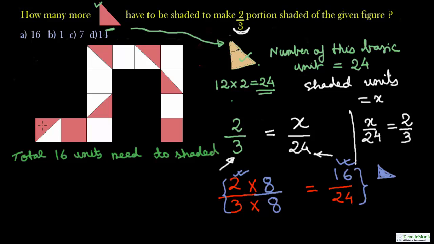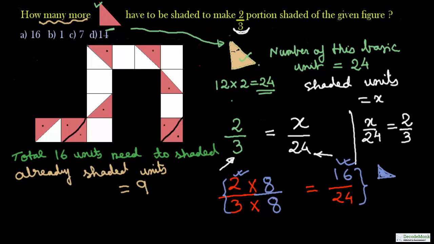So let us count those portions. We have done this in the last question also. Here you have got 2 units, 2, 3, 4, 5, 6, 7, 8 and 9. If you draw a line, you can see that this is made of 2 units, and this is made of 2 units. So the already shaded triangles are equal to 9.